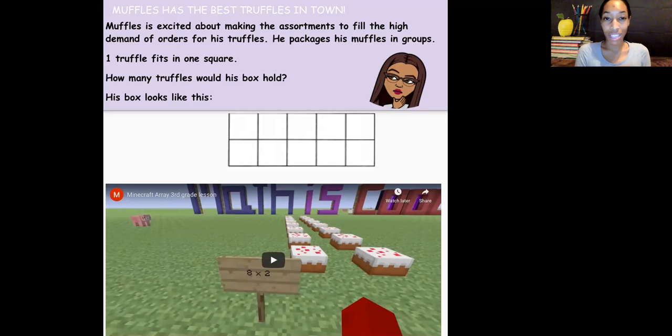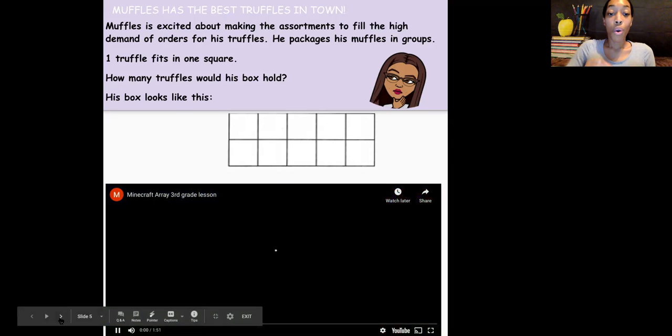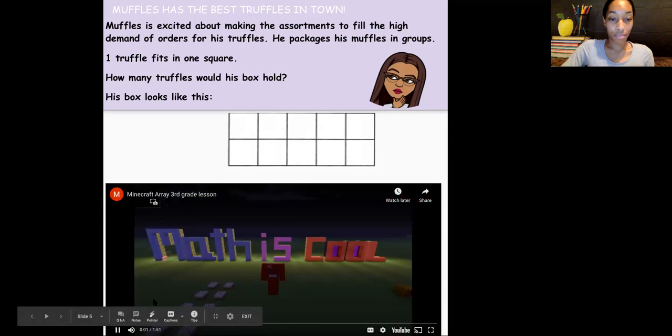How many truffles would this box hold, which is the box that he likes to use? This is how it looks. This is also called an array. Here is a video that you can watch to help you understand what an array is. It's set up with rows and columns.